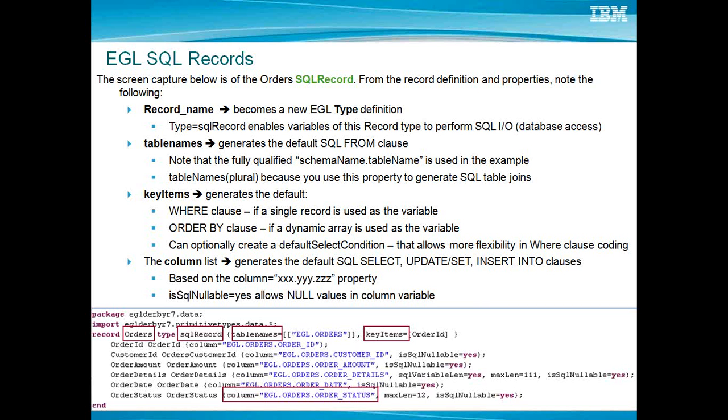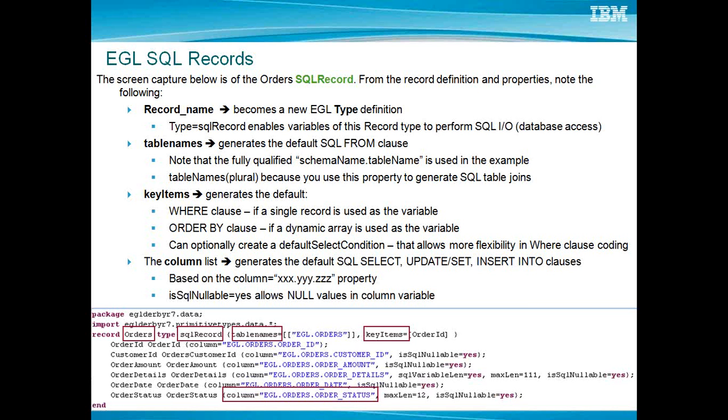If you remember how we create arrays in EGL, we give these angle signs, large brackets. So these large brackets denote that this is possible or this takes multiple values. In the same way we have another property, key items.